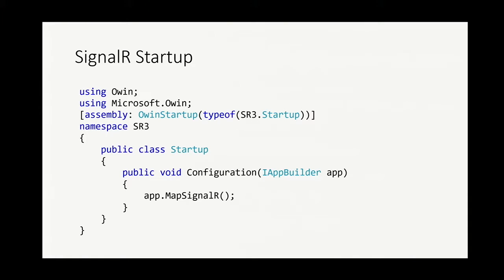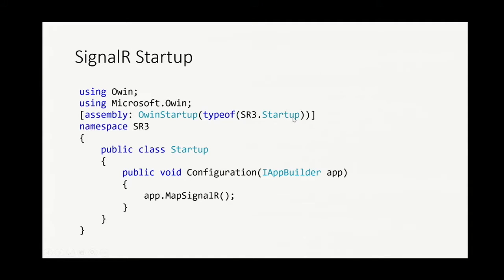So here's where we need a couple of using statements. And we do need a class called Startup with a method called Configuration. And in there we call app.MapSignalR. It passes in an IAppBuilder. If I come in here and mark this with the assembly tag and tell it to make it an OwinStartup, and this is just my naming, as SignalR3, right?